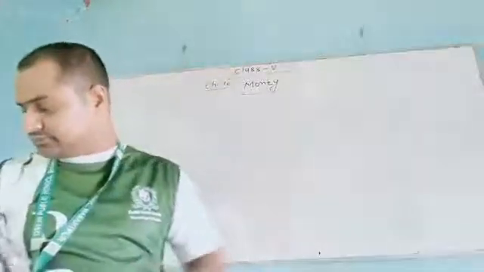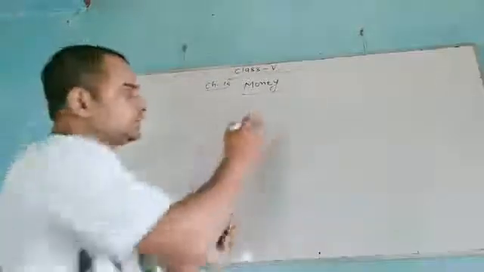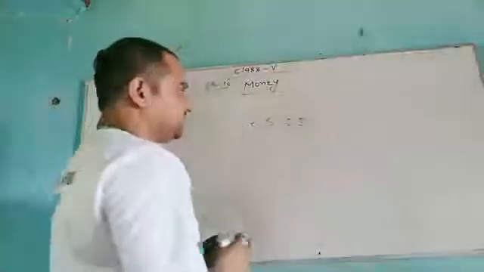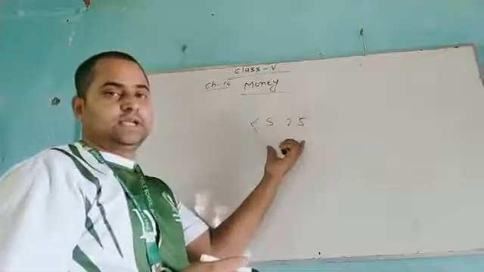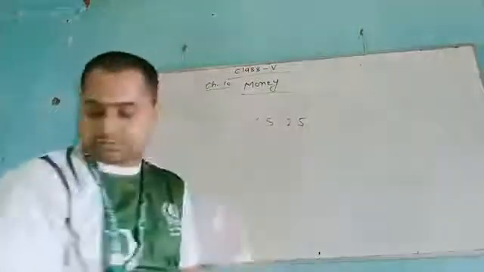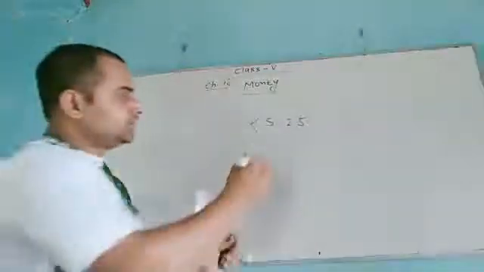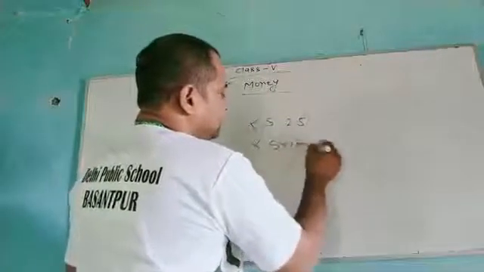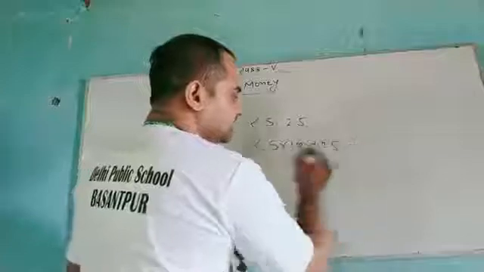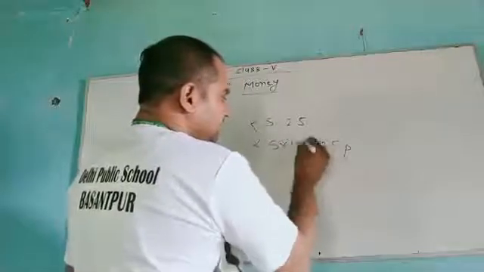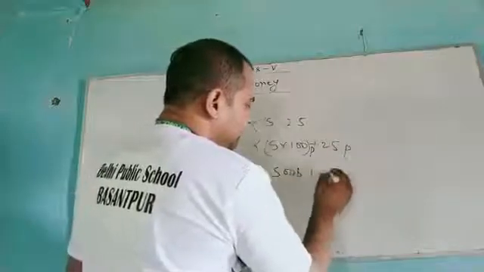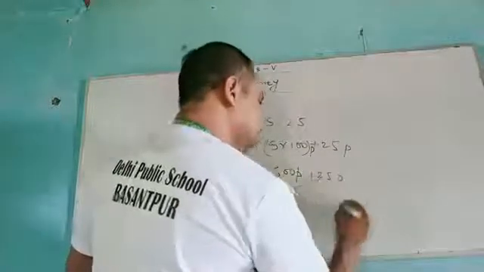Just an example: 5 rupee 25 paise. You interchange only paise. First you 5 multiply 100 plus 25. This is the paise and you write P. 500 P plus 25 P. This is paisa.